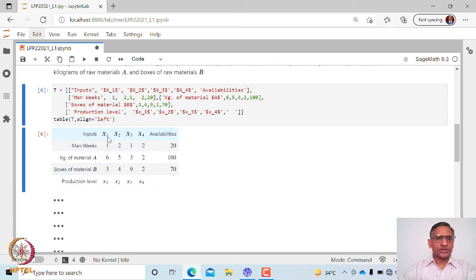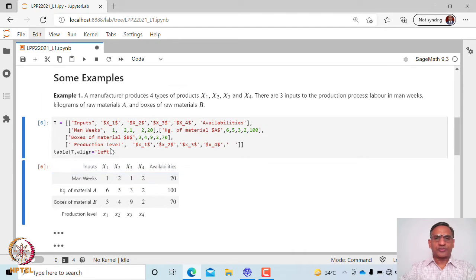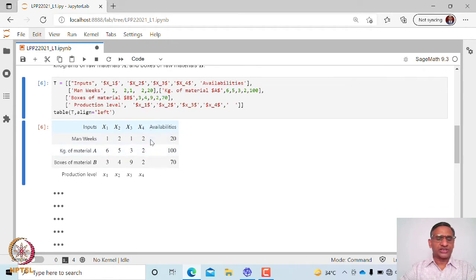So the inputs are of three types: man weeks, kilograms of raw material A and boxes of raw material B, and the four types of products are x1, x2, x3, x4. The product x1 requires 1 man week, 6 kilograms of raw material A and 3 boxes of raw material B. Similarly, x2 requires 2 man weeks, 5 kilograms of raw material A and 4 boxes of B, and so on.